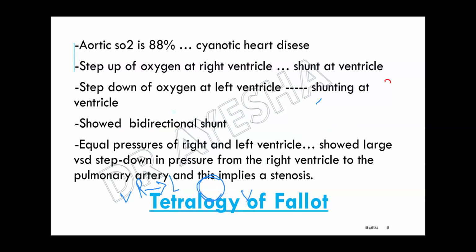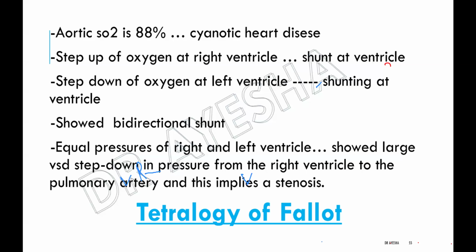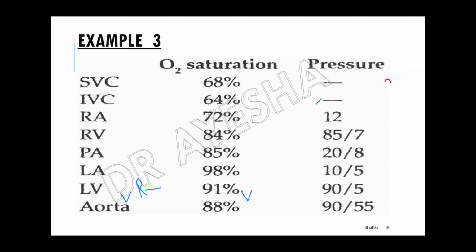The third important thing we explain is the pressure between the right ventricle and the artery. See how you detect the bidirectional shunt, I just explained it. Be with me, okay? You will be clear. See what I told you, see the saturation.